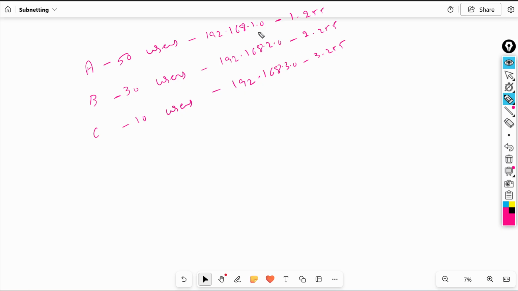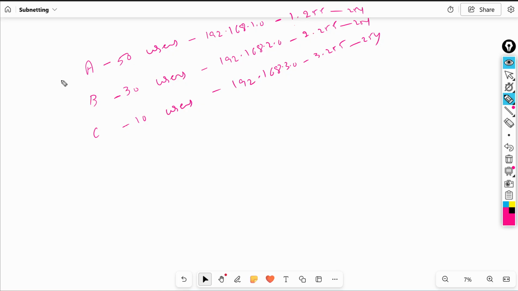So every network provides 254 IPs. First IP, last IP. First IP is the network ID, last IP is the broadcast ID. So those two IPs are reserved for network ID and broadcast ID, right? So here we have 254 IPs, here we have 254 IPs, here we have 254 IPs.